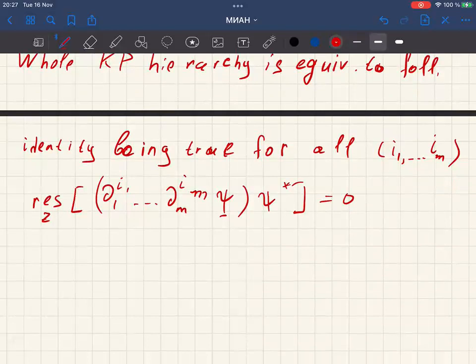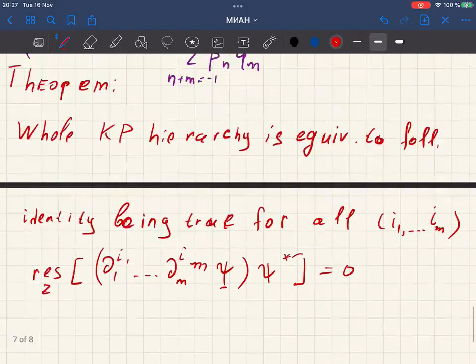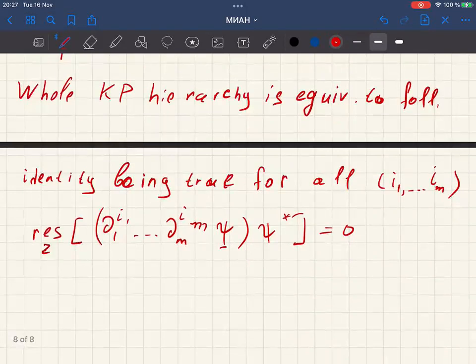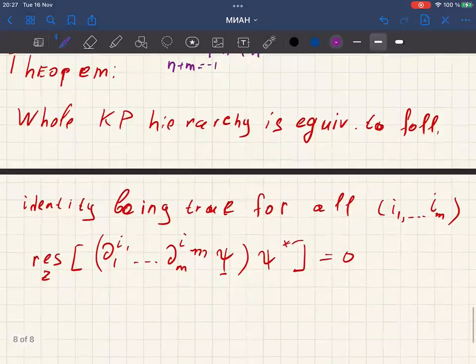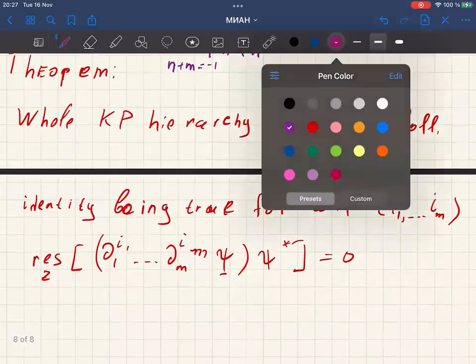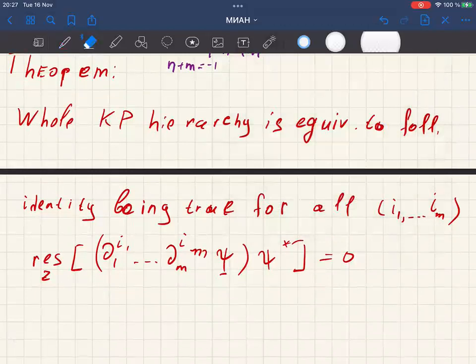Let me show that. Once again, Z and lambda are the same. So what does it mean?